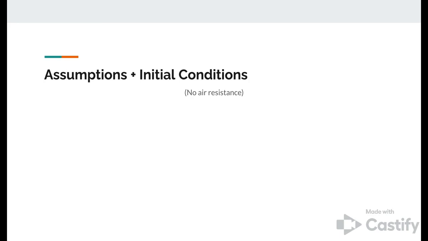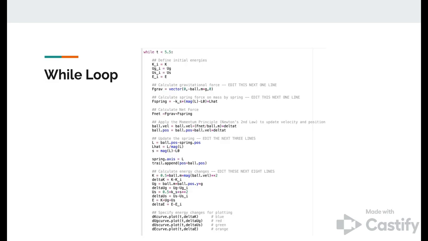From the data, we found the spring constant, L naught, L hat, and S, and the initial kinetic, spring potential, gravitational potential, and total energies. We found the ball mass, the initial position and velocity from the video, and the timing was set previously.